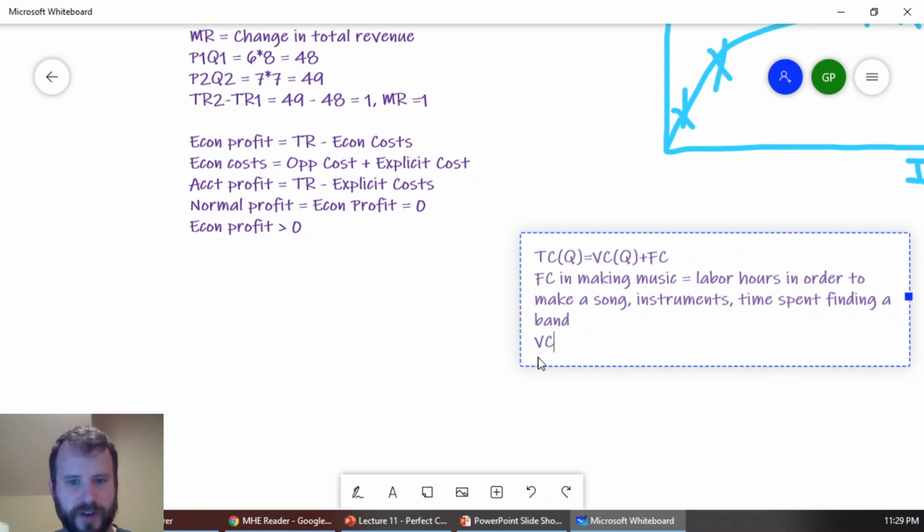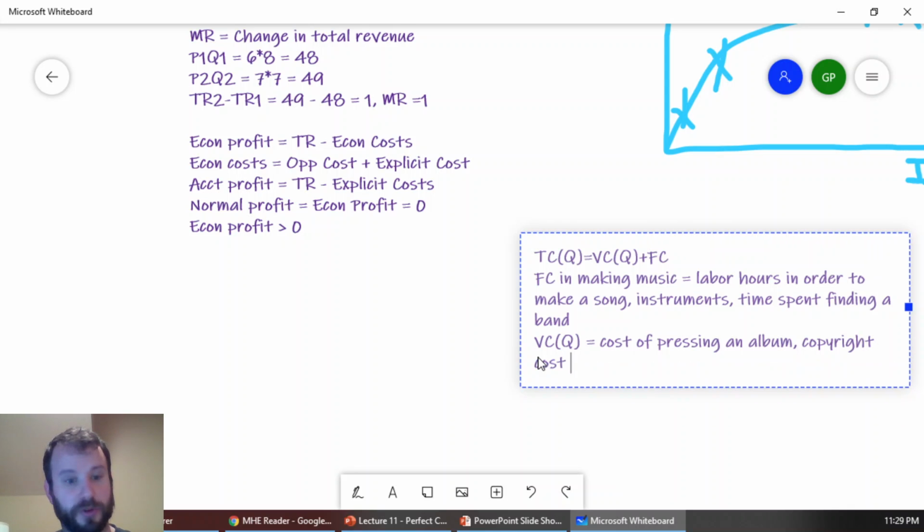Okay, your variable cost could be, nowadays music is probably very low variable cost. But let's say this is 10 years ago. Cost of pressing an album or a CD or vinyl. Probably some sort of copyright cost associated with maintaining the amount of selling.